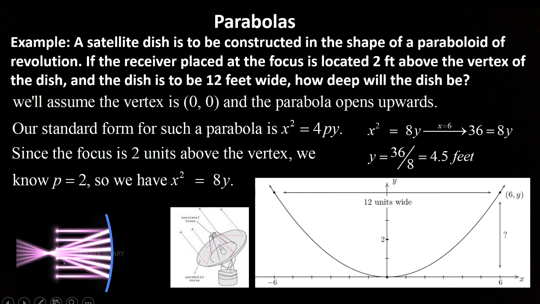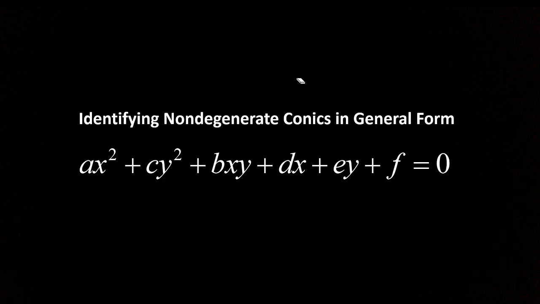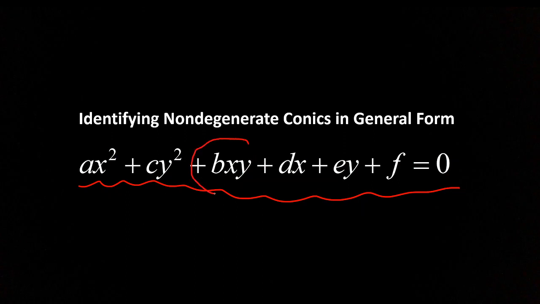All right. Now, here's something interesting. All the conic sections can be represented by an equation like this. It has an x squared, y squared, and xy term, and a constant. It turns out that all the ones we have talked about so far don't have the xy term.